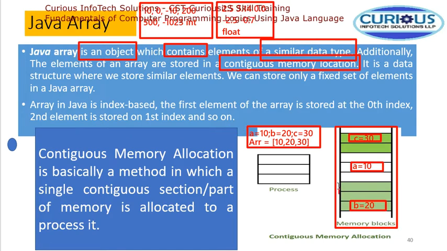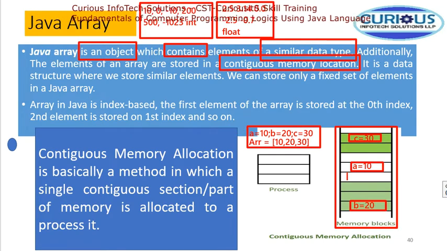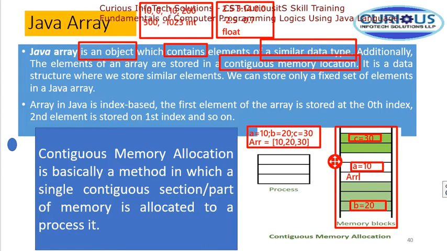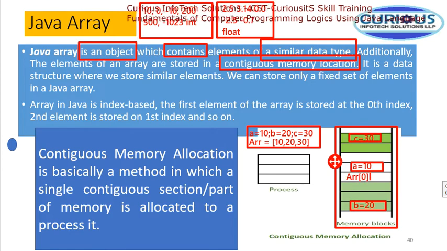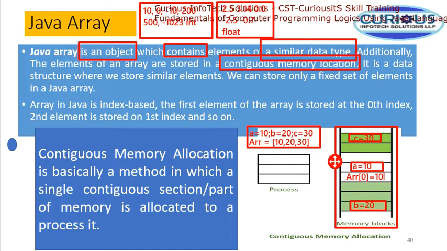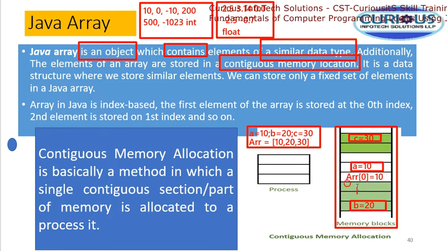So here I can understand that I can store my array, say ARR at index 0 is equal to 10, and then another array value, ARR at index 1 is equal to 20. Okay.